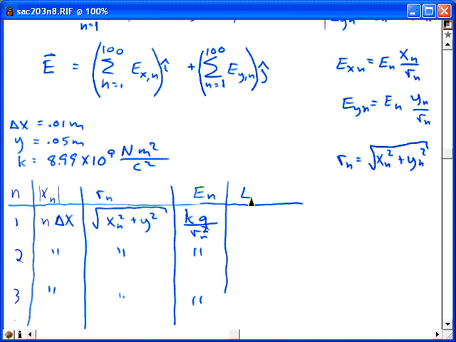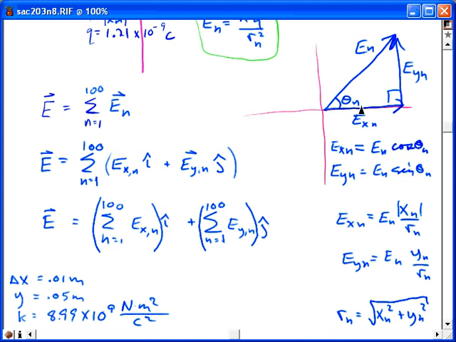Okay, then E x sub n is E n times x sub n over r sub n. And I just want the magnitude there. I was looking to see if there was one other place where that existed. And there it is, the x sub n itself.